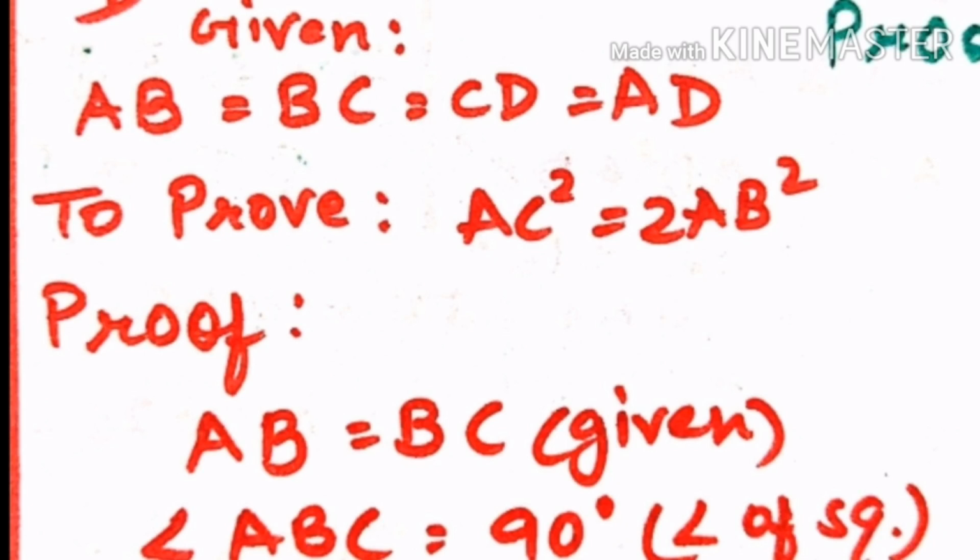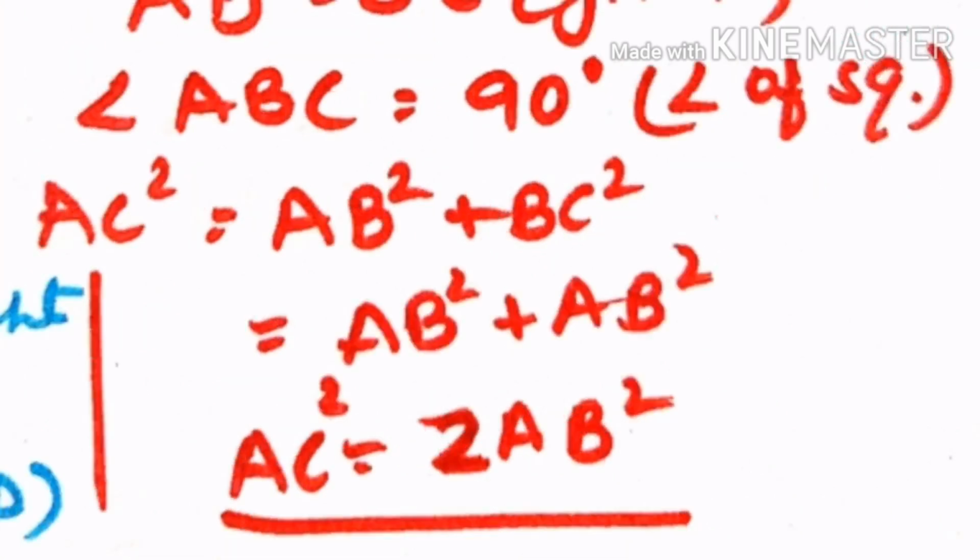Why? Because it is an angle of a square, and as I told you, the properties of a square are all sides equal and all angles 90 degrees. Now in that triangle, using our diagonal, AC square is equal to AB square plus BC square using Pythagoras theorem. But AB is equal to BC, so instead of BC I can write AB.